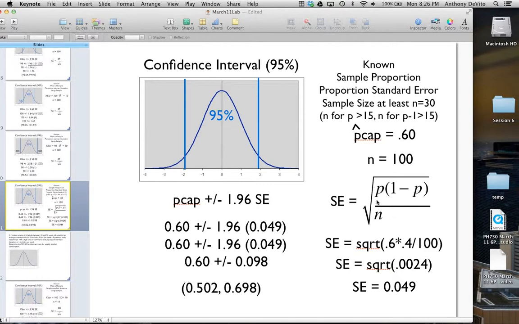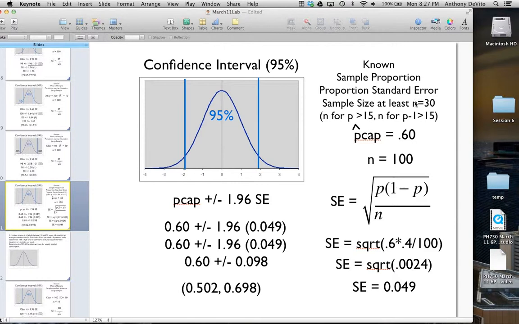Now, we don't know the true population proportion, P. We only know P cap. So in order to use this formula, we have to satisfy a certain rule: the sample size that we're working with is big enough that we won't have in either P or 1 minus P a count of less than 15.